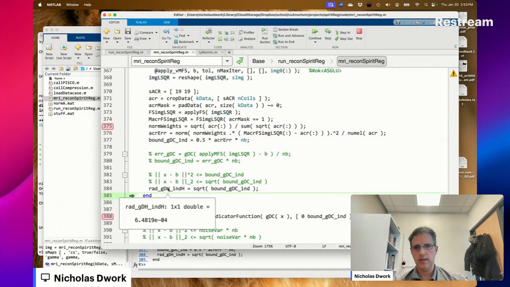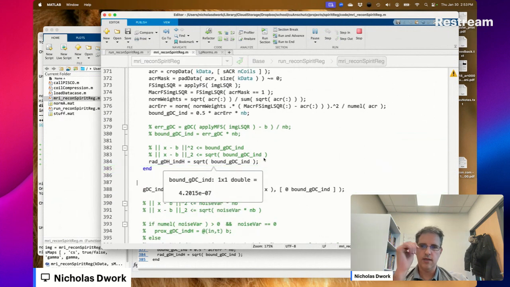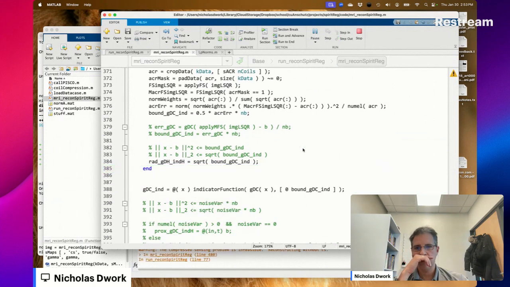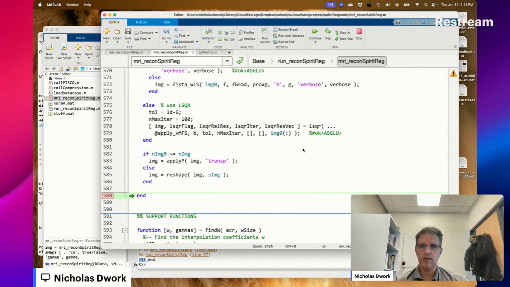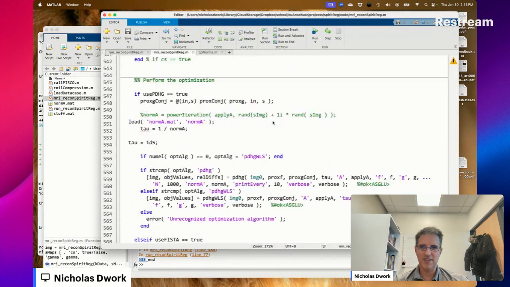What's the radius? 6 times 10 to the negative 4. Something went terribly wrong there, didn't it? One compressed sensing problem is infeasible.